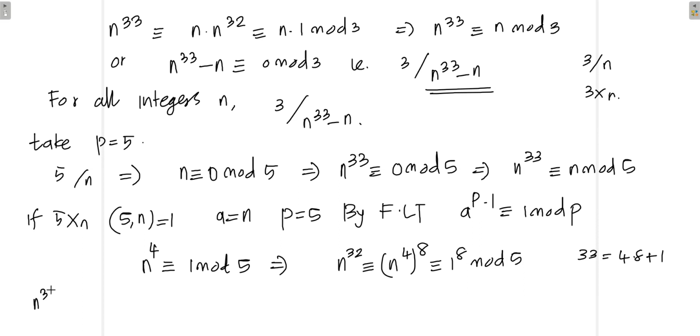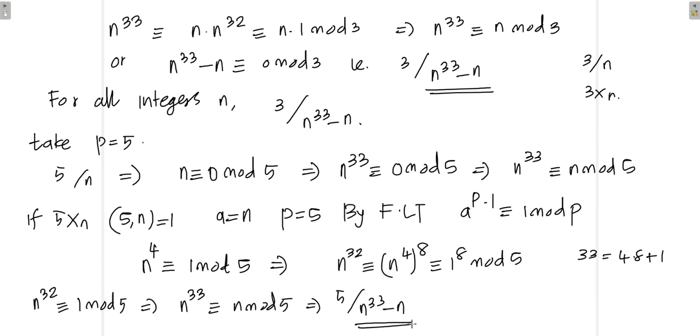That is n raised to 32 congruent to 1 mod 5. Which n കൊണ്ട് multiply ചെയ്യുമ്പോൾ n raised to 33 congruent to n mod 5 എന്ന് കിട്ടും. That is 5 divides n raised to 33 minus n.